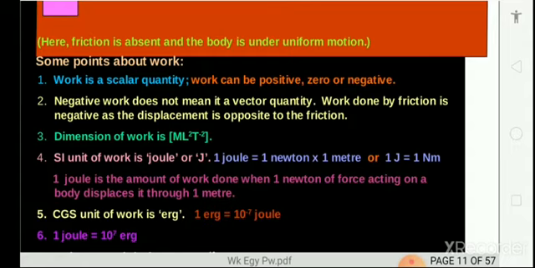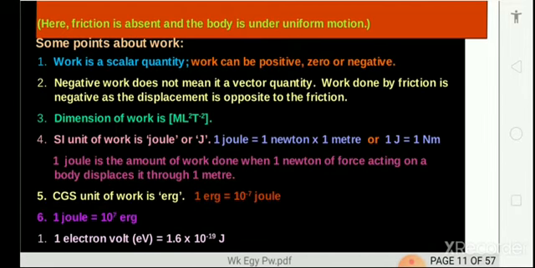Here the friction is absent and the body is under uniform motion. So what can you say? Some points about work. It is a scalar quantity, which can be positive, 0 or negative. Work done by friction is negative, as the displacement is opposite to the friction.